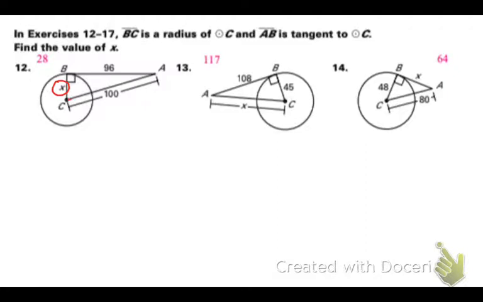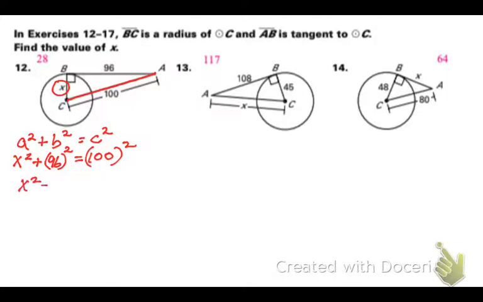Remember, the longest side is the hypotenuse, so that's your c squared. So if I have my Pythagorean theorem, a squared plus b squared equals c squared. Okay, c squared is going to be equal to 100 squared. Then I can put x in the a position, and 96 squared in the b position. If you can get this setup done correctly, you're pretty much home free.